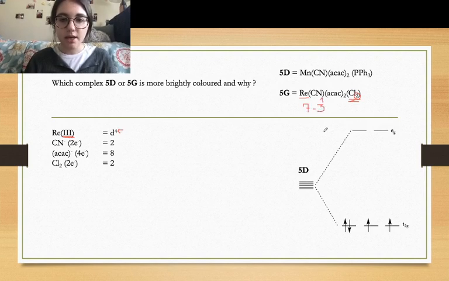Makes sense to me. Again, I have 1 weak field and 1 strong field ligand versus 2 weak field ligands, so overall I get a weak field complex.